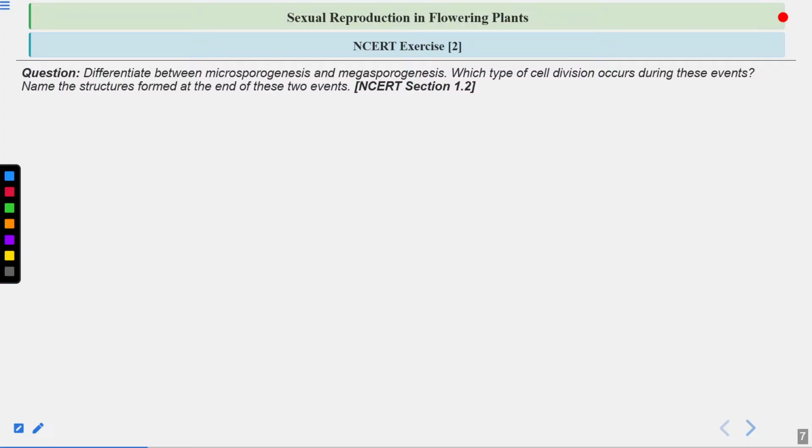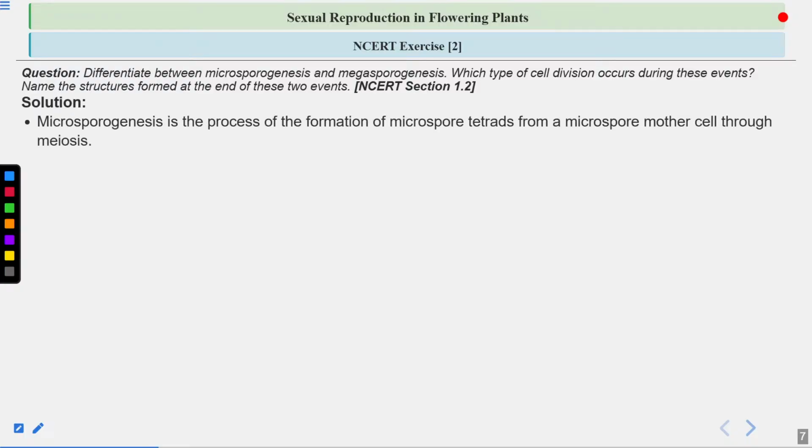So this is the question: differentiate between microsporogenesis and megasporogenesis. Let us see the first answer, because there are three different questions. The first answer: microsporogenesis is the process of formation of microspore tetrad from the microspore mother cell through meiosis.